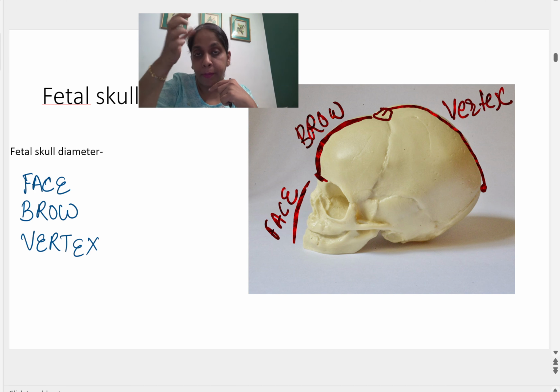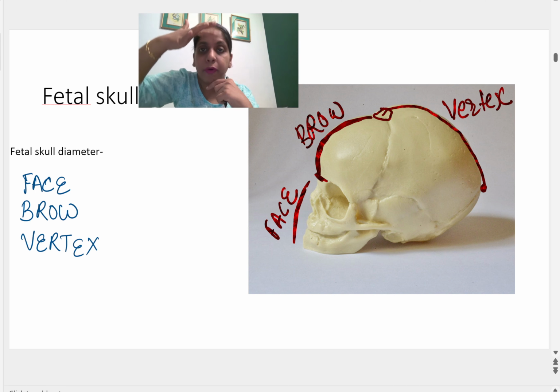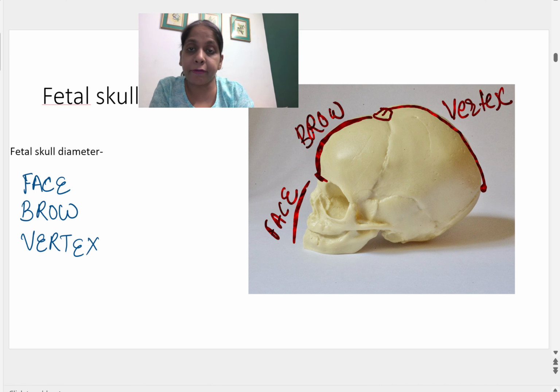From the orbit edges up to the anterior fontanelle is known as brow, and between the anterior fontanelle and the posterior fontanelle is known as vertex.